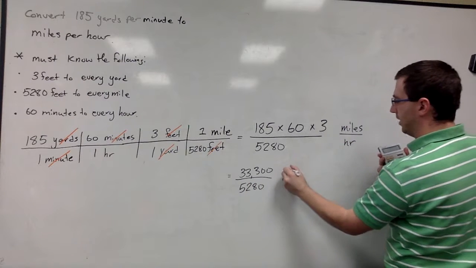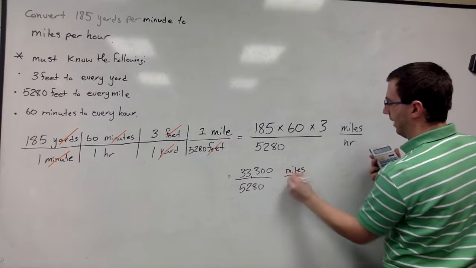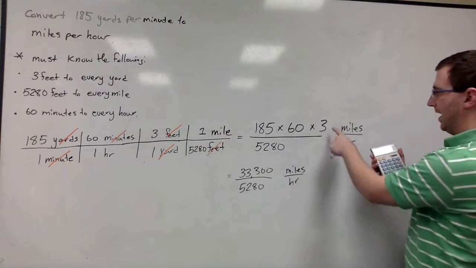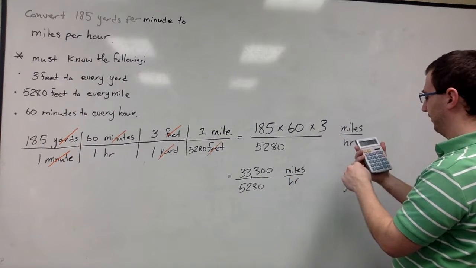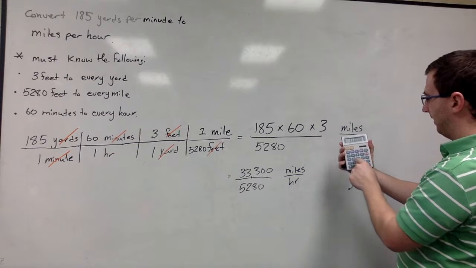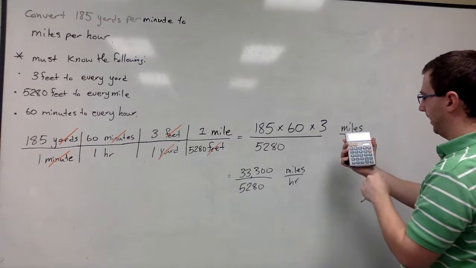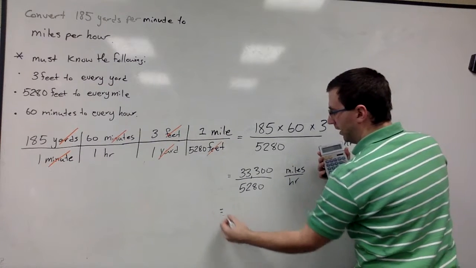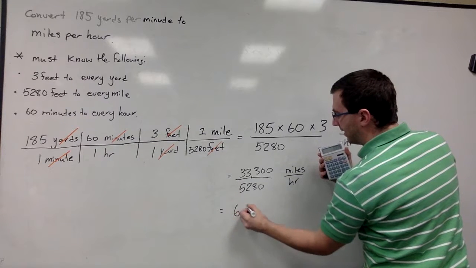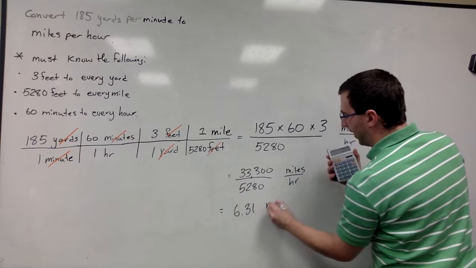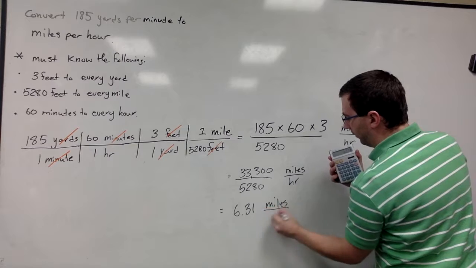And then we still have the units miles over hour. So we take that number, that 33,300 number, and we divide it by 5,280. So basically we've got 6.31 miles over hour.